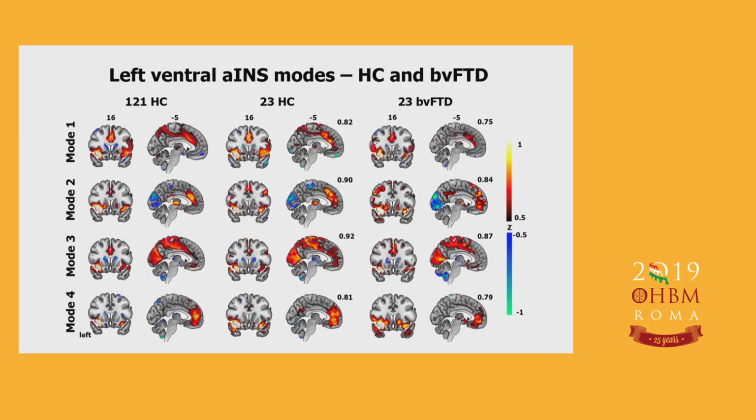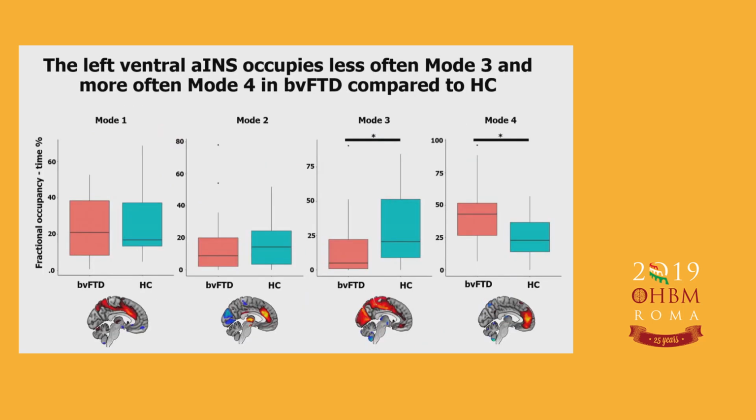And here you can see the templates derived from the 121 subjects, the healthy control smaller sample, and the BVFTD sample, and you can see that we were able to find very similar modes in all three samples, also indicated by the high spatial similarity here measured through Pearson's correlation coefficients. So our next question was whether patients differ from controls in the time that they spend in each of these four modes.